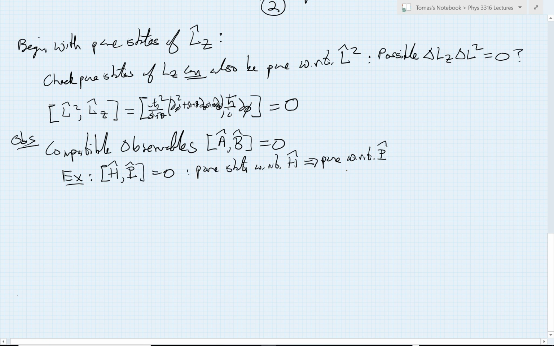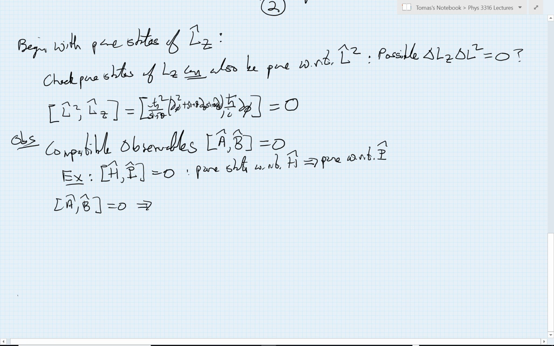There is, however, a generalization of the same proof that we gave. And that generalization says that for compatible observables, if A commutes with B, then that does imply something very important about the pure states of those two observables.